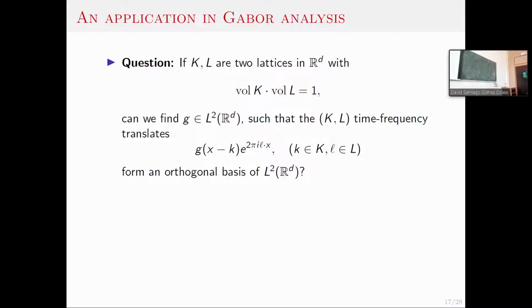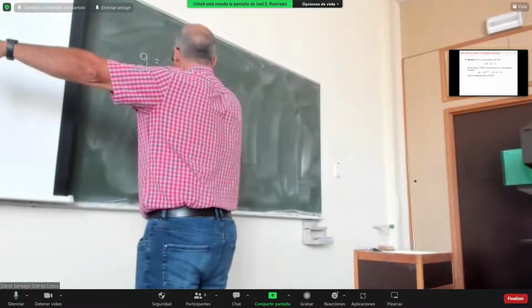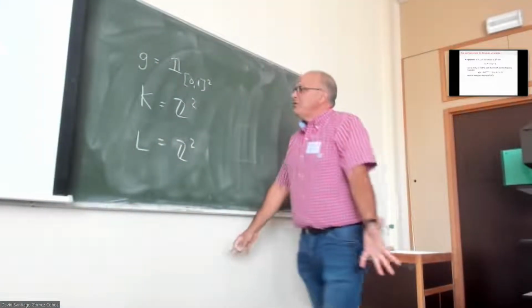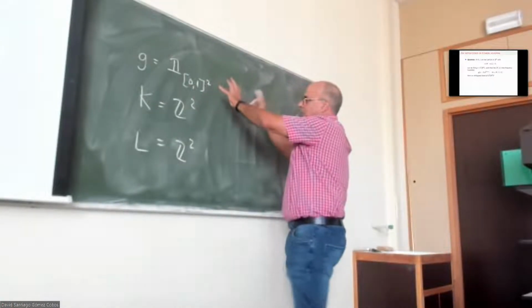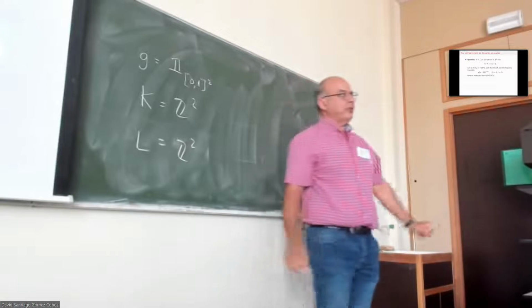For instance, if you take g to be the indicator function of a unit square, and you take the set K to be the integers and the set L to be again the integers, then it's very easy to see that this is indeed an orthogonal basis, because all the translates tile my space nicely, and on each translate, these are an orthonormal basis.